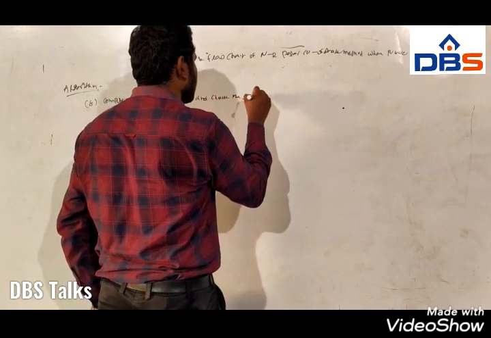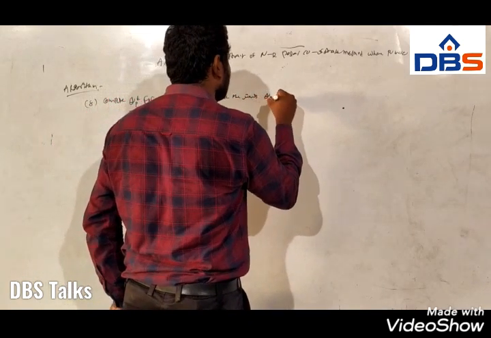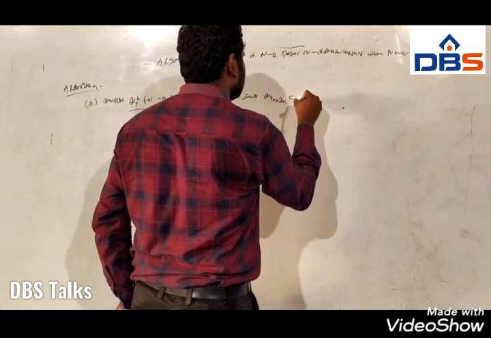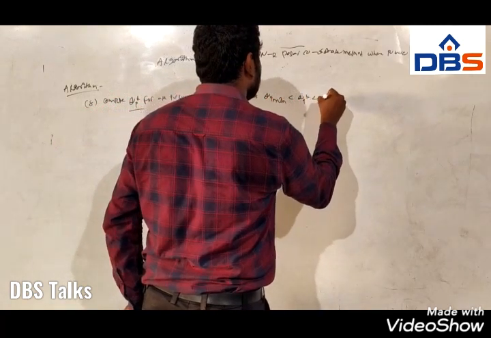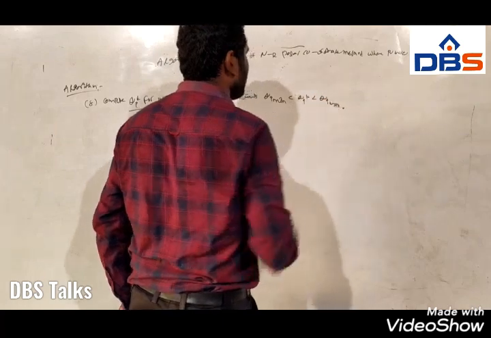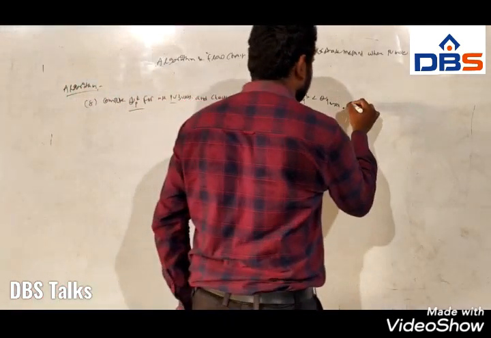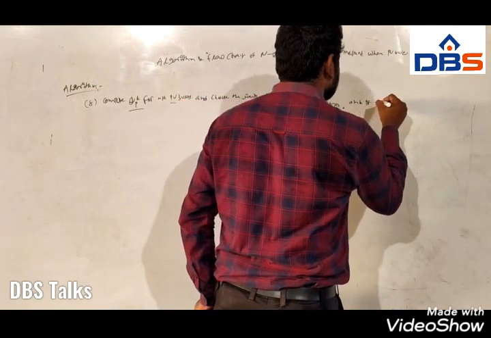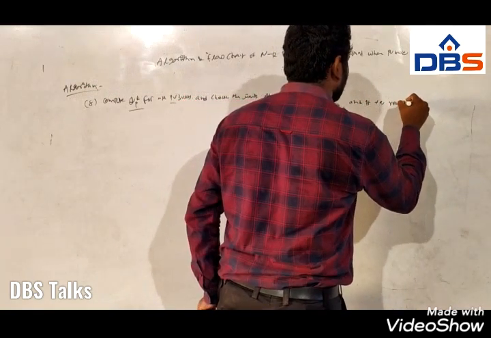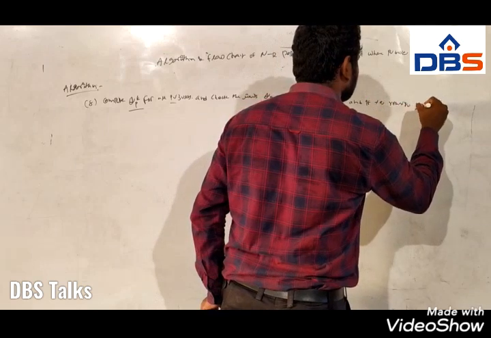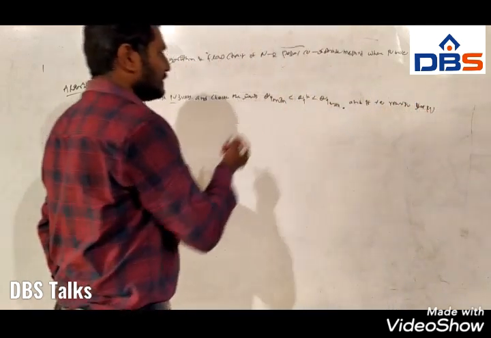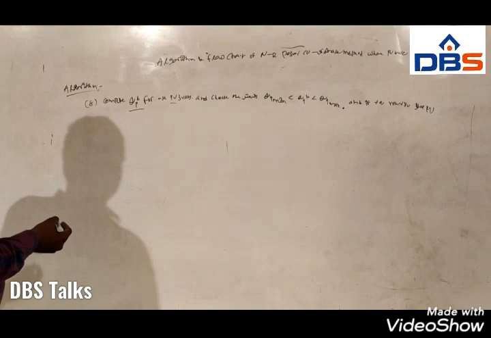That is, check the limits of reactive power, that is QP minimum less than QP^K less than QP maximum. So we have to check the limits, and if yes, return to step 4. That is computing the real power and reactive power.